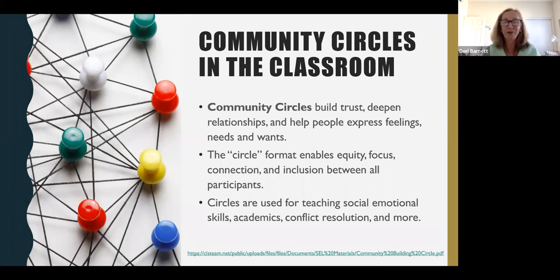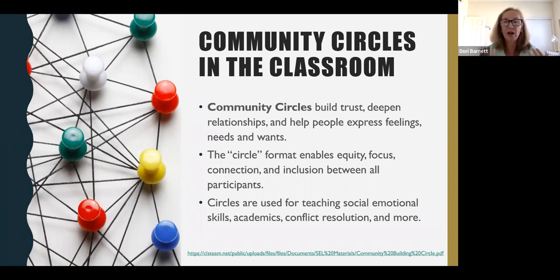Because when people are sitting in a circle and everyone can see each other, it's equitable. Experience and research has shown that when kids have this experience of being in a circle, they're very much less likely out on the playground to call each other names and bully each other because they've developed this sense of trust and relationship.